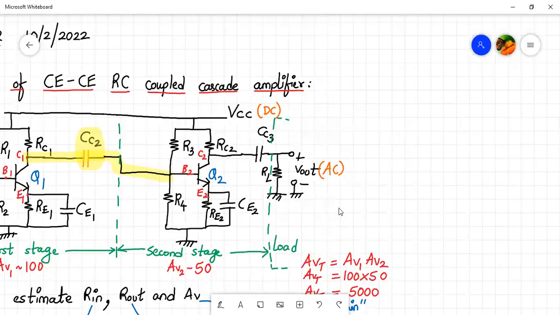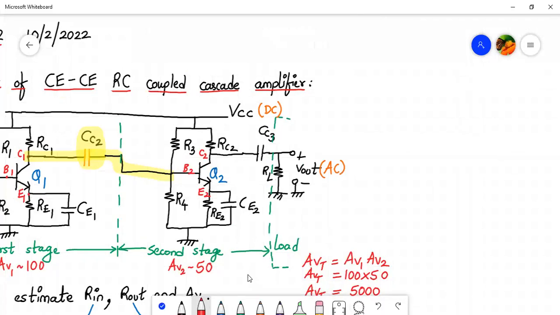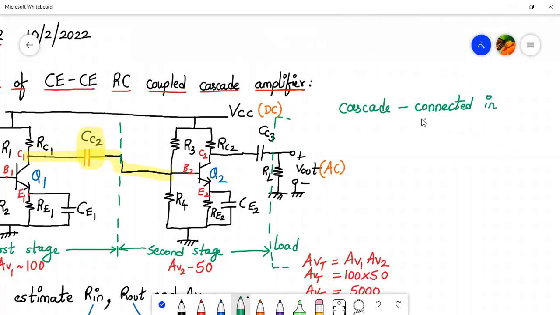Cascade meaning connected in series. Okay, so let me add it over here. What is the meaning of this cascade? Cascade means connected in series. The transistors are connected in series.